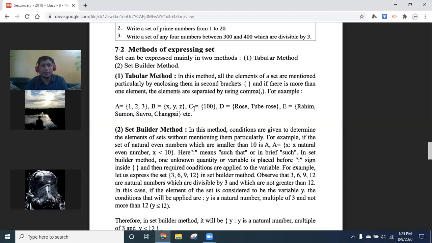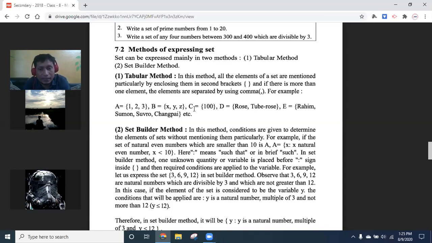But in set builder form, the elements are not written separately. That is, individual elements are not mentioned. Here, the nature of the set is mentioned.